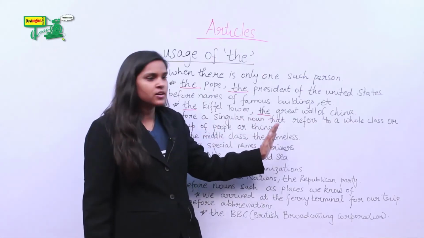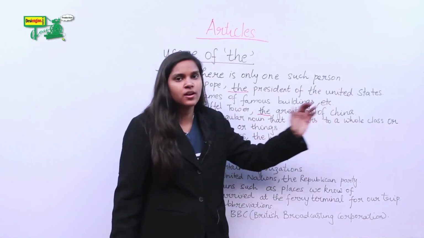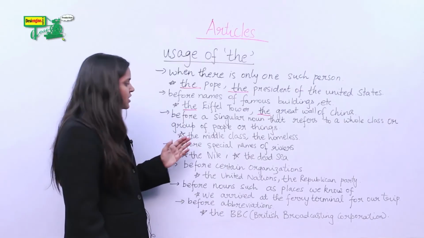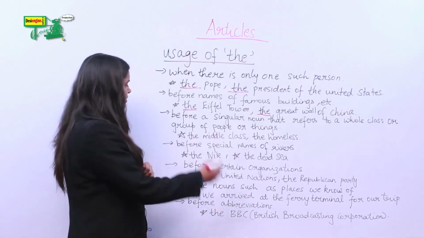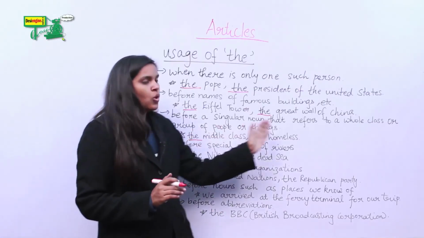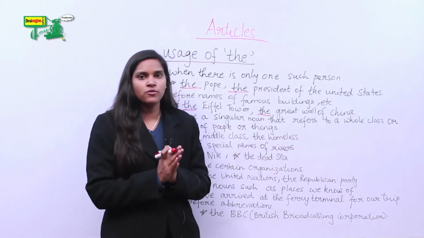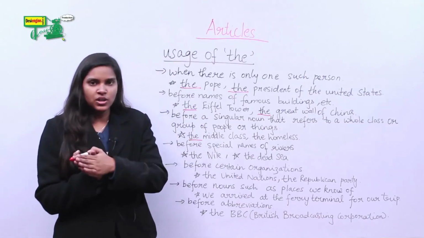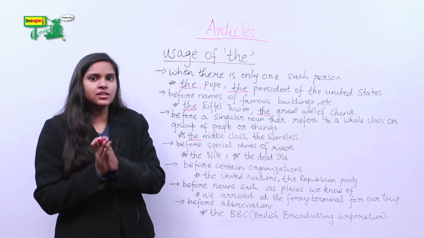Before a singular noun that refers to a whole class or group of people or things. For example, the middle class, that is a whole class. The homeless, that is a group of people who are homeless. Therefore, the usage of the article the.